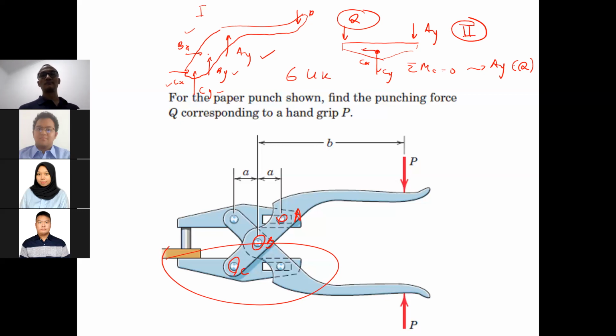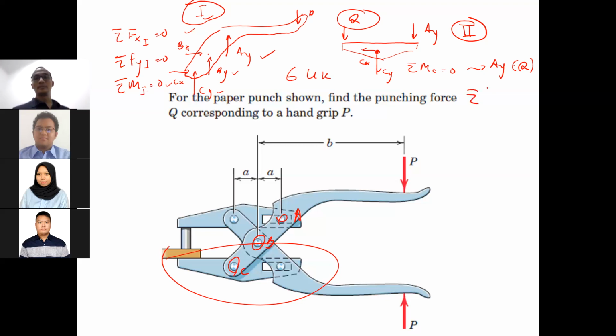From the first free body diagram, we have how many equations? And from the second free body diagram, how many equations? 3 from the first and 3 from the second. Okay. There will be 3 equations: sigma Fx1 equal to 0, sigma Fy1 equal to 0, and sigma moment 1 equal to 0.